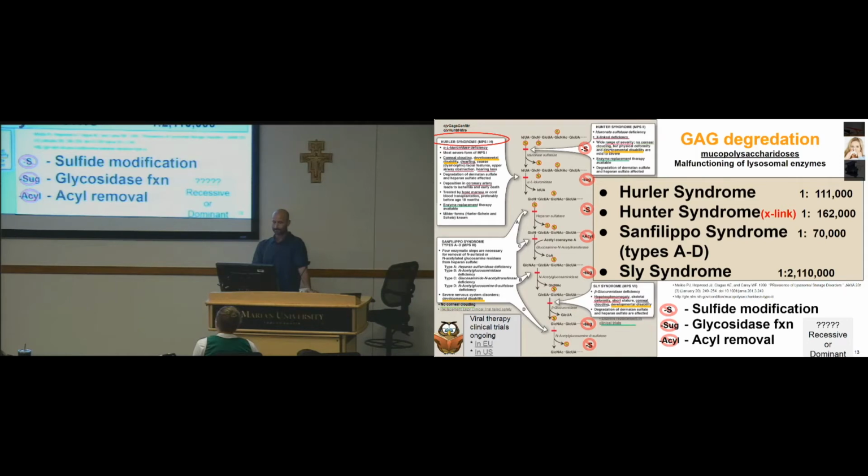And then I have a whole bunch in red. I would point out that Hunter syndrome is X-linked deficiency, unlike the others. In the bottom left here, do you see that viral therapy is ongoing? And there are 2 links, in the US and in the EU.